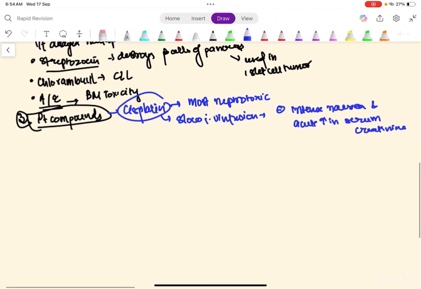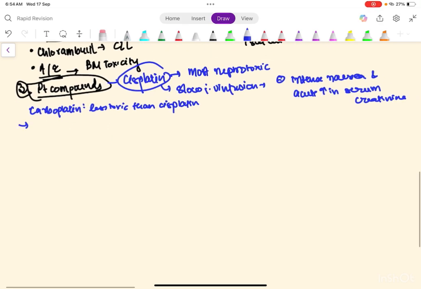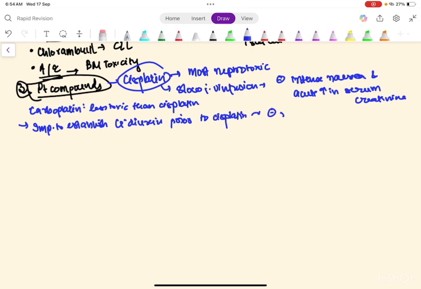Alright, then we have another drug which is carboplatin. Now this is less toxic than cisplatin. Alright, then when you are administering these drugs, it is important to establish chloride diuresis prior to cisplatin to prevent renal toxicity.